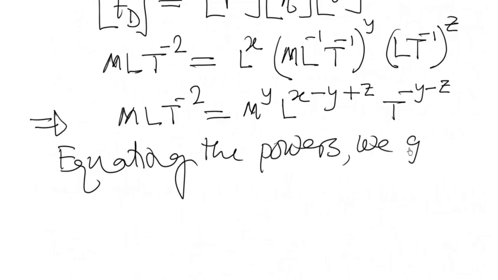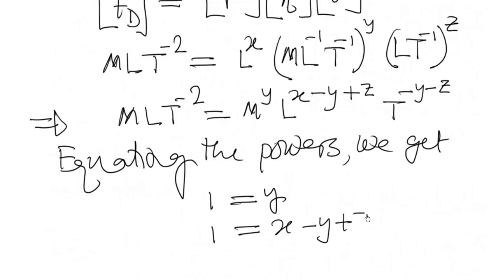We get 1 equal to y, 1 equal to x minus y plus z, and minus 2 equal to minus y minus z.